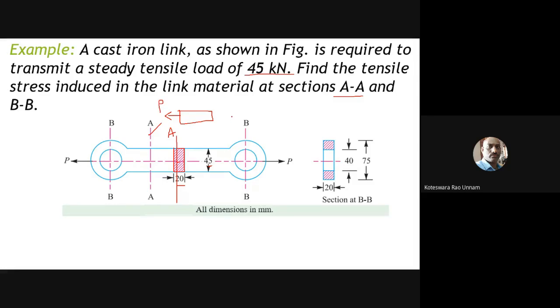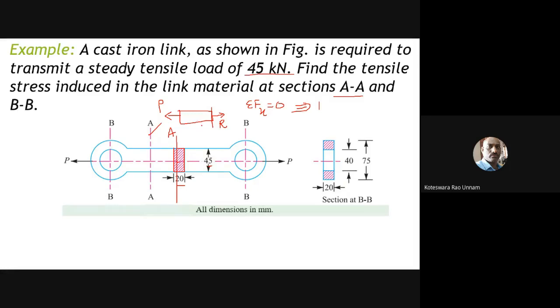If I cut it here, for equilibrium, we apply sigma F equal to 0, or sigma Fx, if I say this is the x direction, the horizontal direction, sigma Fx equal to 0. I'll take the force here as some unknown force R. Generally I'll take rightward forces as positive and leftward forces as negative.